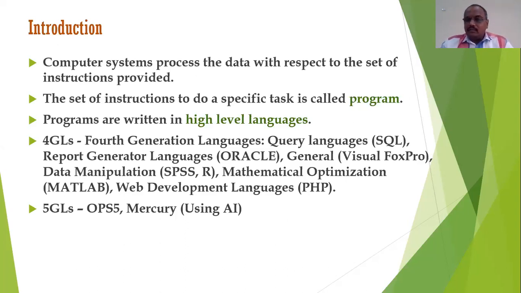General programming languages are Visual FoxPro and so on. And we have data manipulation software, SPSS or R, and mathematical optimization software, which is called MATLAB. And we have web development languages like PHP. These are all 4th generation languages. For 5th generation languages, just as some examples, OPS5 and Mercury, where we are using artificial intelligence.